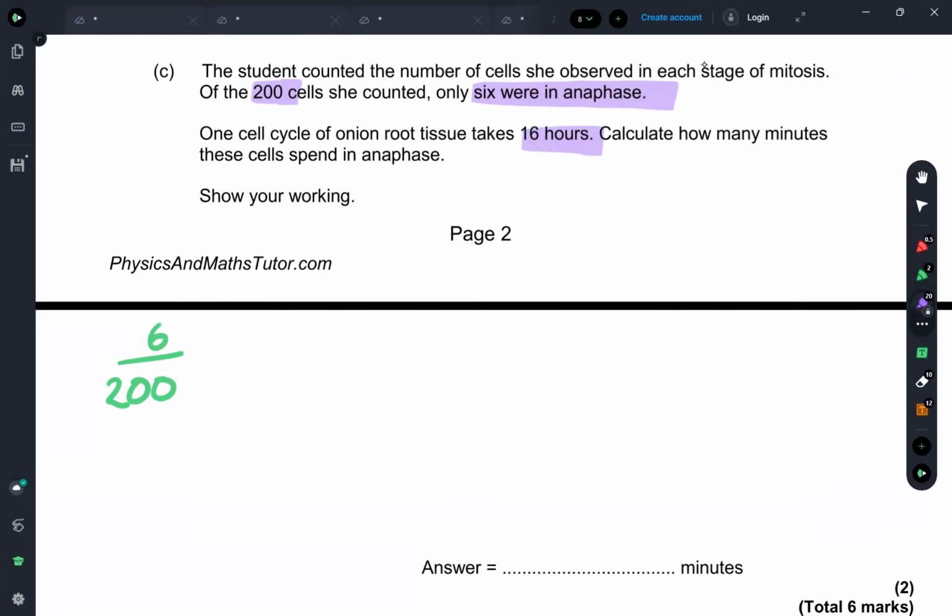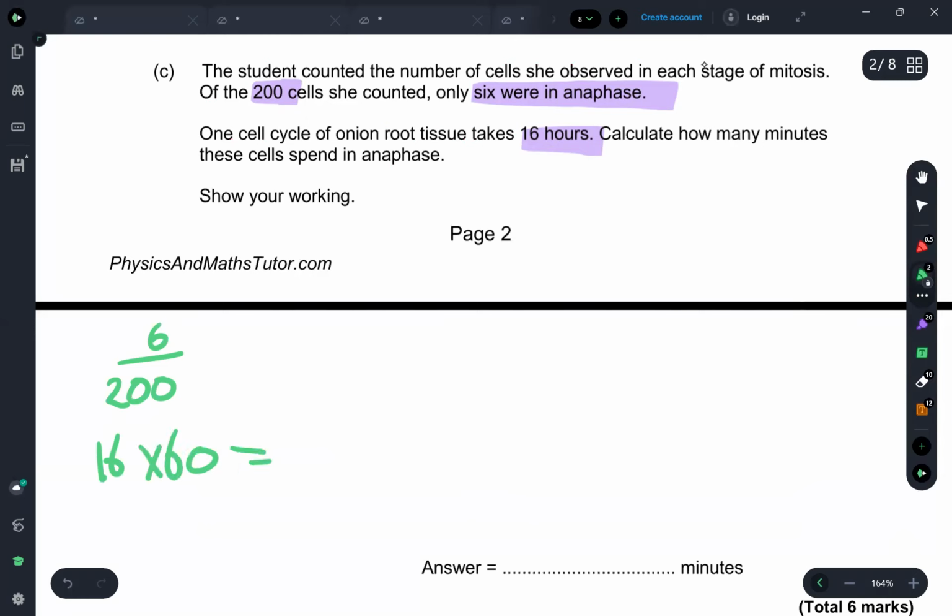So let's get 16 hours in minutes: 16 times 60 would be 960. We just need now 6/200 of 960.